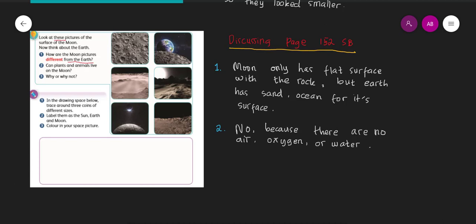Okay? And then, about this part, everyone. In the drawing space below, trace around 3 coins of different sizes. Label them as the sun, earth, and moon. Color in your space picture. Actually, over here, you have to draw 3 kinds of circles. The teacher already drew 3 different circles for you.